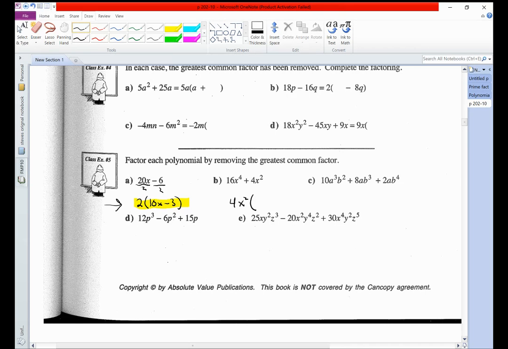So now in the brackets, the first term is going to be 16x to the power of 4 divided by 4x squared. 16 divided by 4 is 4. x to the power of 4 divided by x squared is x squared.